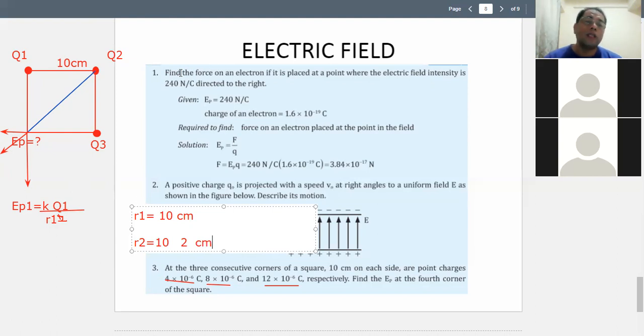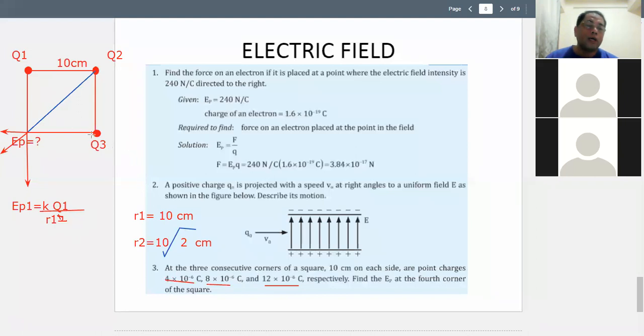So the square root of 2 value is the one that we add for the side of a triangle. If you use your Pythagorean theorem to get this diagonal side, then you have to square the 10 value, two 10 squared, and add, and that's the diagonal distance using Pythagorean theorem.